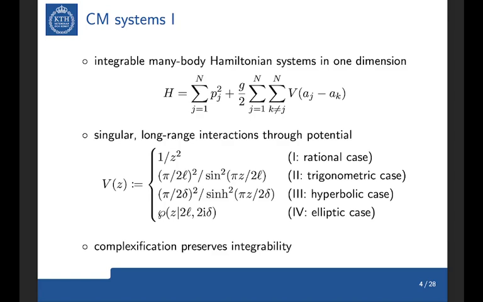So if we allow a_j and p_j to be complex, which is required to make contact with integrable PDEs via this pole ansatz, we still have integrability. And then this gives, in principle, exact solutions to the integrable PDEs if we can solve exactly this auxiliary CM system.